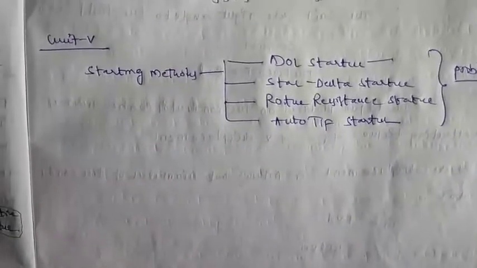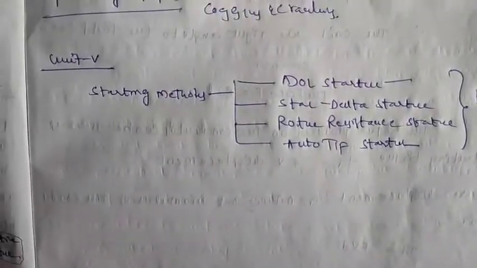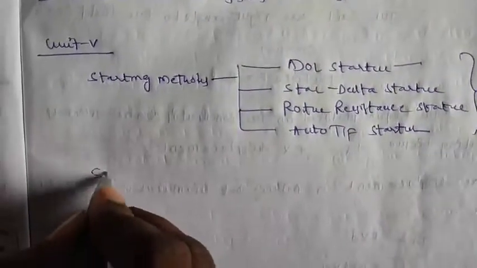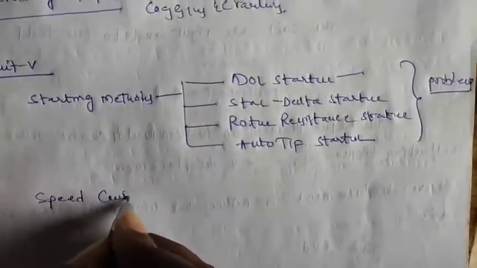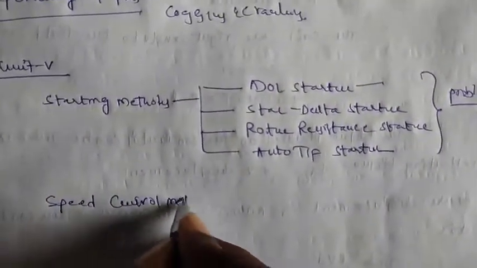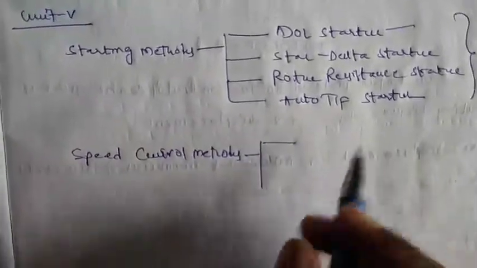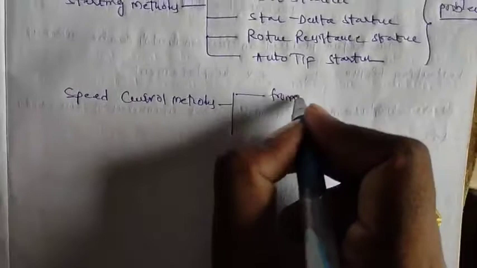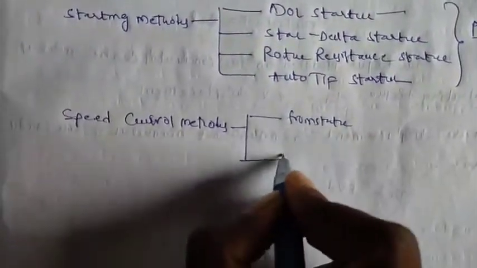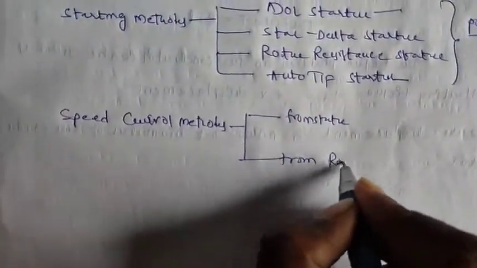After that, speed control methods. In the speed control methods we have stator side and rotor side.